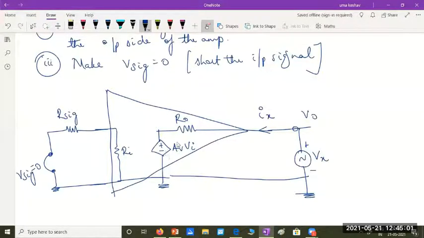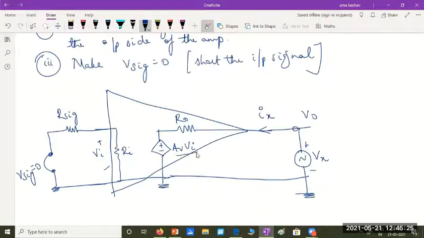That won't become 0 because here we are assuming there is some Vi. Though Vsig is made 0, because this resistance is there, if I make Vi 0, then this will be 0. But we have these resistors here. So due to some effect, we can say this is only a part in the analysis.